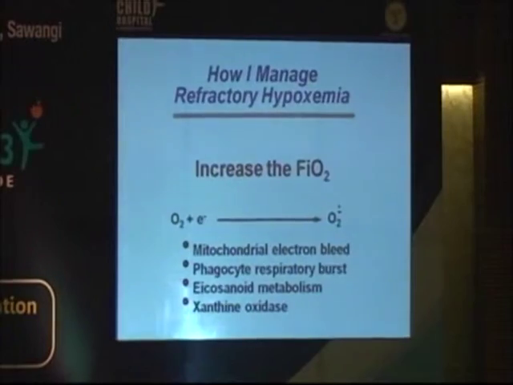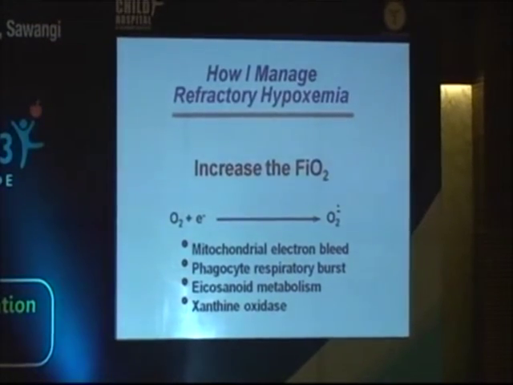Well, we want to increase the oxygen as best we can to maintain an adequate saturation, but I think we need to remember that there is a cost for everything, and with high levels of oxygen, there is always the possibility of oxygen toxicity through generation of superoxide anion and then all of the other reactive oxygen species.